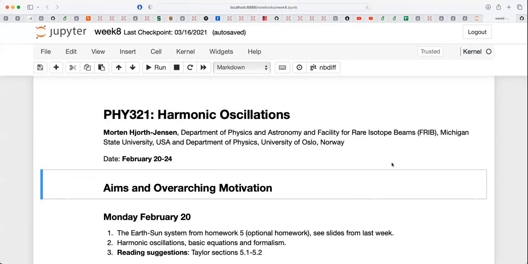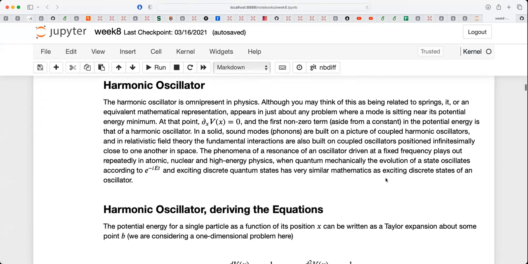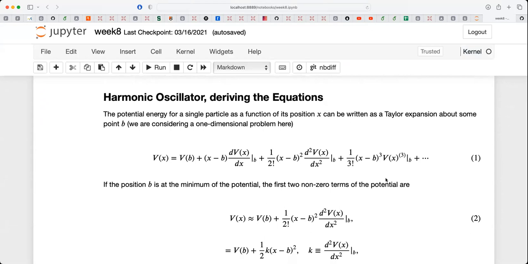If you look at the material which we have here, and if we scroll down a little bit, what we did was simply to perform a Taylor expansion around the minimum of the potential energy. At the minimum, the derivative is equal to 0, which means that the second term, the one which depends on the first derivative, is 0 at the minimum.